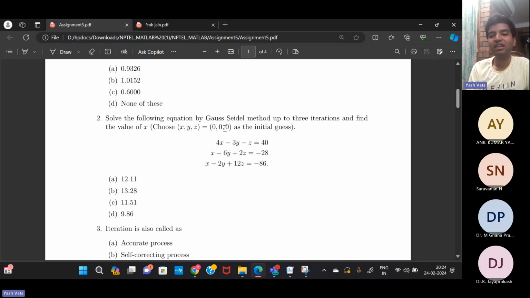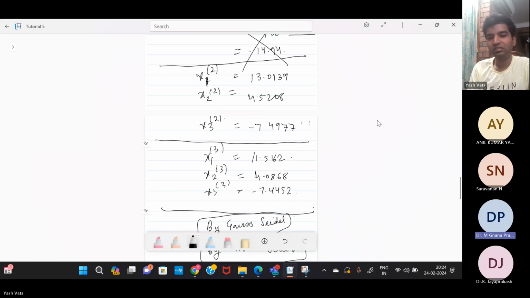With the help of this initial guess, you need to find out the first iteration value, second iteration value, and third. In that, x1 is equal to 3 is the first equation. The second equation gives x2 is equal to 9 minus 2x1 minus 2x3, whole divided by 5.